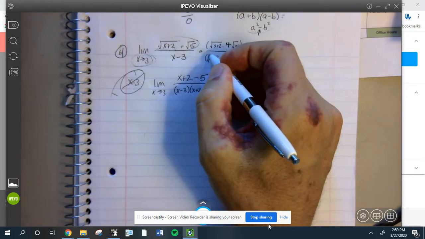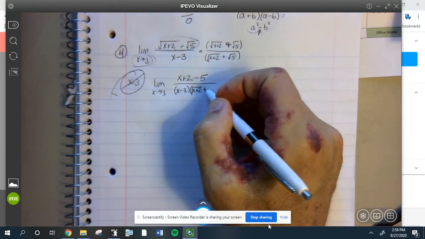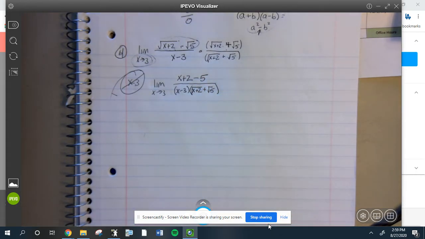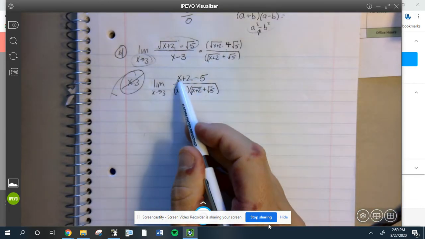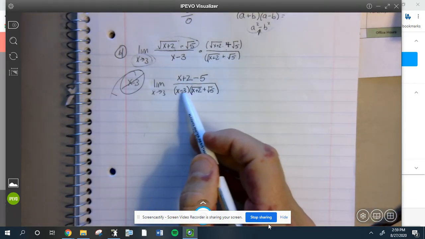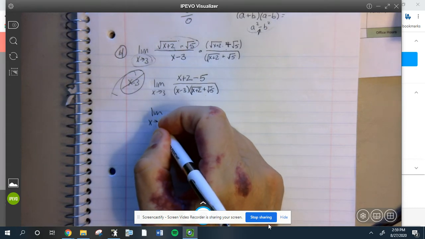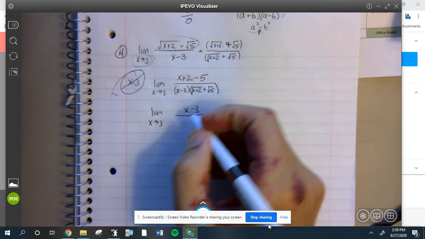Oh, I missed my radical here. Sorry about that. So you have this times this. You can cross this x minus 3 out with this x minus 3 right now. I'm going to rewrite it though to make sure we're all clear.